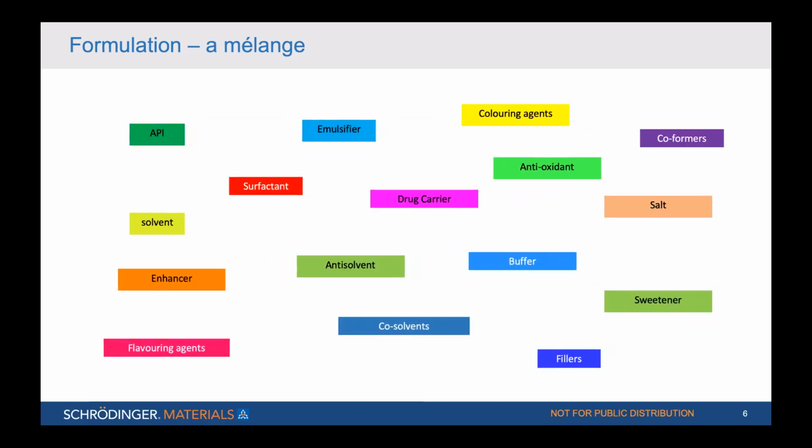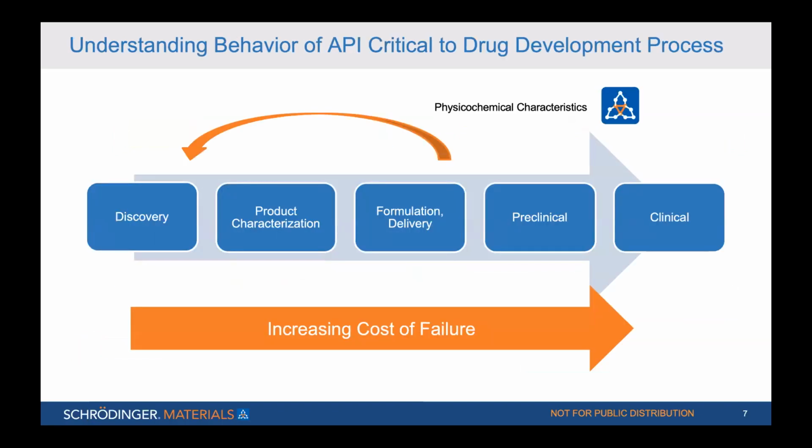And when you look at the cycle of taking the molecule into clinic, or into the market, the discovery happens at the start, as I told you, the API discovery. Then the product characterization, that's where we discuss what kind of way we are going to deliver this API into the body, whether it's going to be a liquid dosage or a solid dosage, what kind of form, and how much dosage is needed and so on.